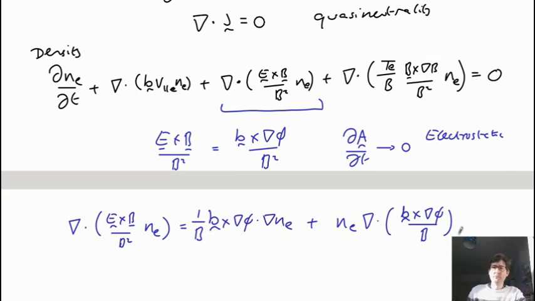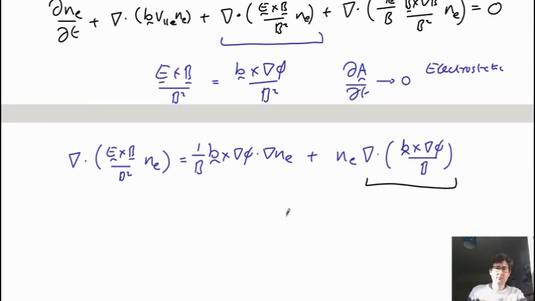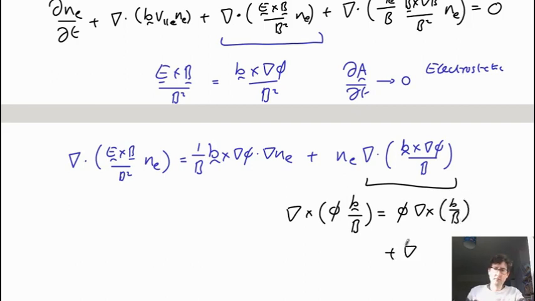So it's useful then to rewrite this compression part. You can use the curl of phi times the unit vector over B. You can split this up into two components: phi times the curl of B over B, plus grad phi cross B over B. And so you see that here you have what we've got currently, a B over B crossed with grad phi.